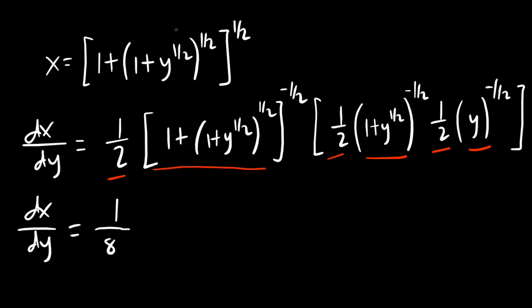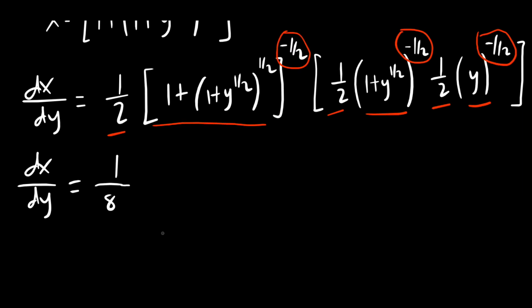Because the exponents are negative, we put everything in the denominator.